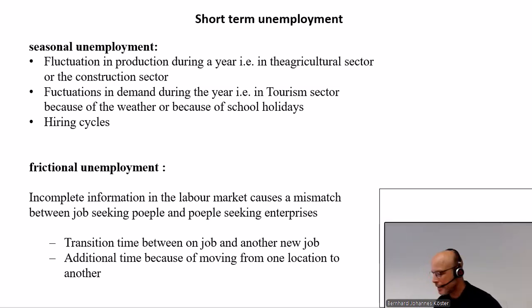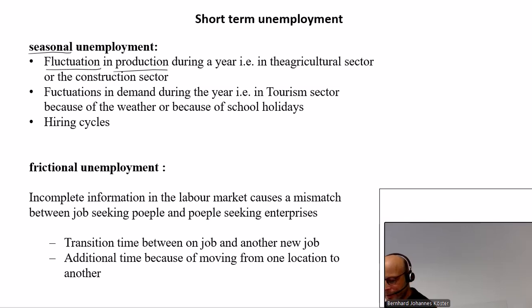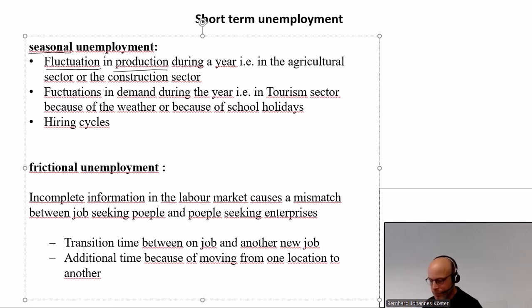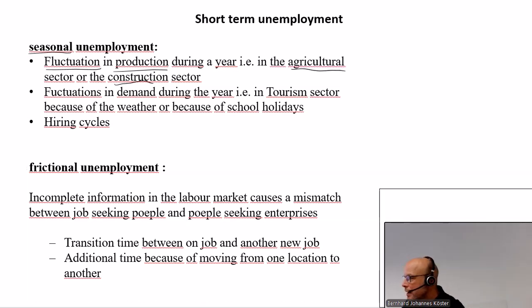So then let's come in a little more detail to these different kinds of unemployment. Seasonal unemployment is just the fluctuation in production from the supply side during the year, and of course production in the agricultural and also the construction sector will go down during winter time.